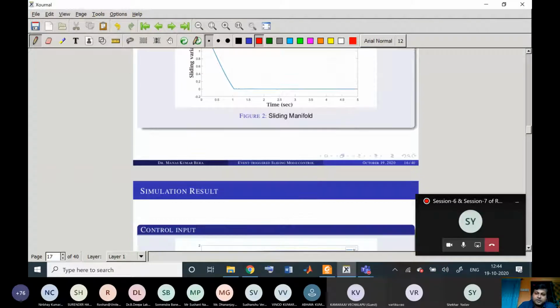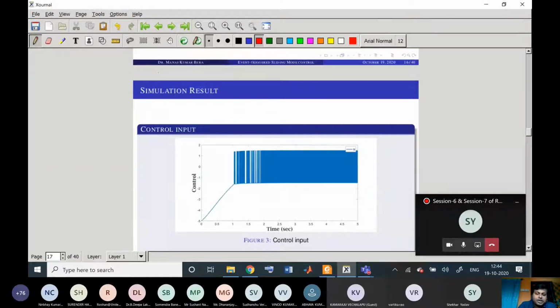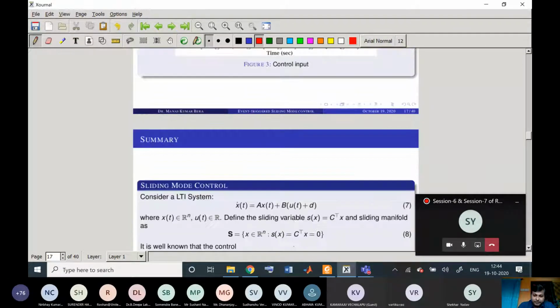That's why, if you see the control law, during the reaching phase from 0 to 1 second the control is continuous, but at this time the system is not robust. After 1 second the system becomes robust, because once the sliding starts, the system trajectories enter the sliding manifold, and the stability, meaning the robustness, is achieved.